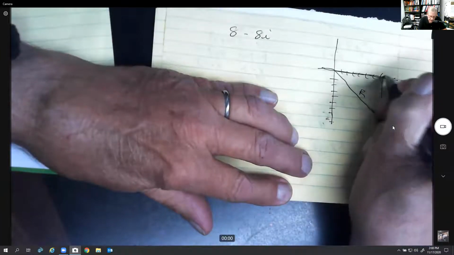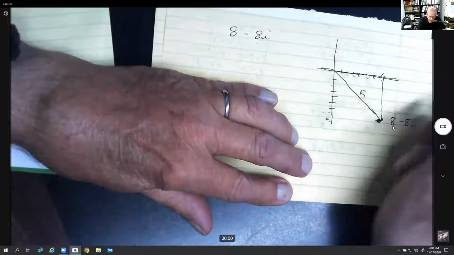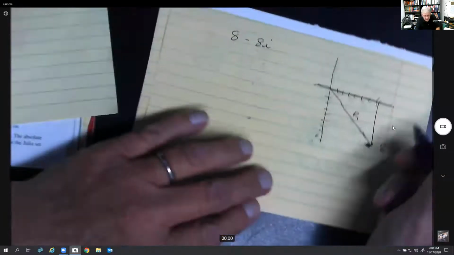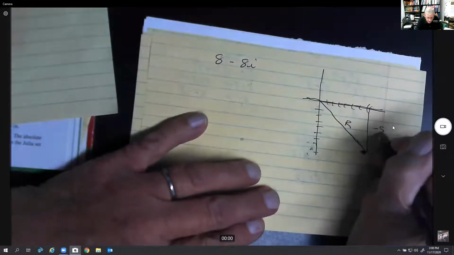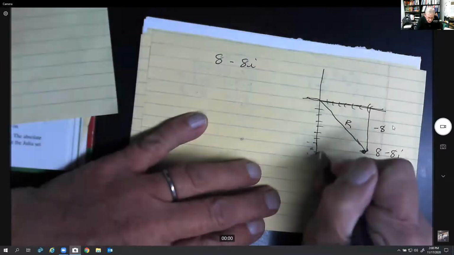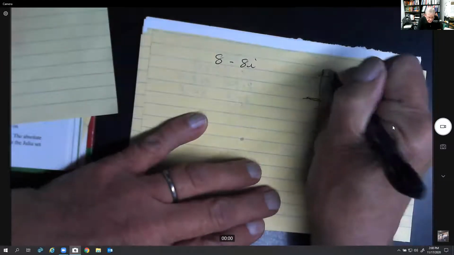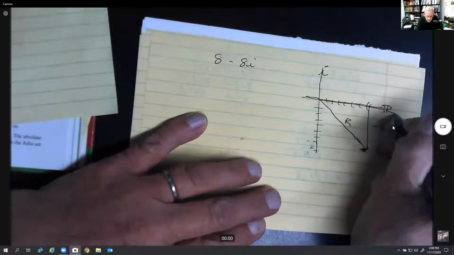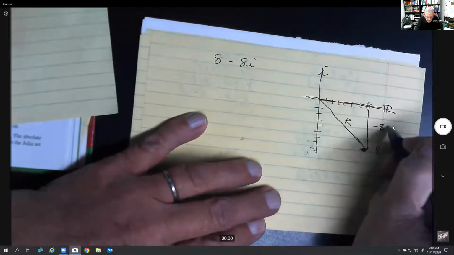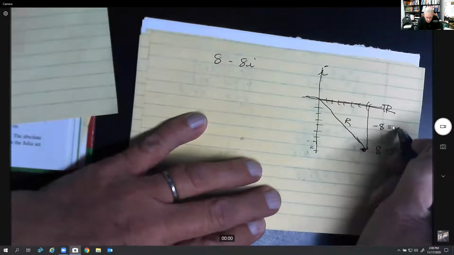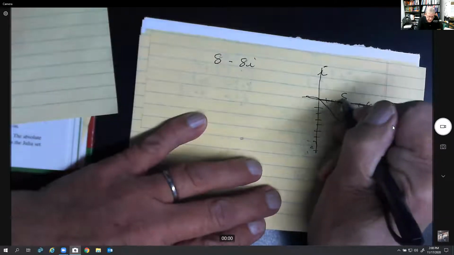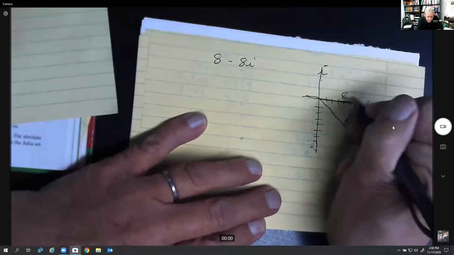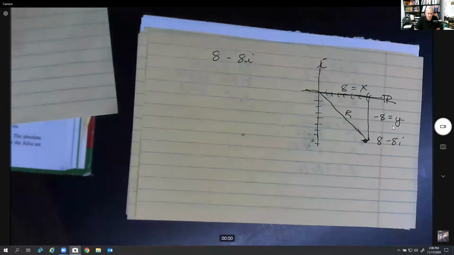This distance up here, we could write it as a negative 8 or a negative 8i. This is our imaginary, and this is our real. Or this is x, this is y, and this distance right here is x. Okay, so we got that much done.